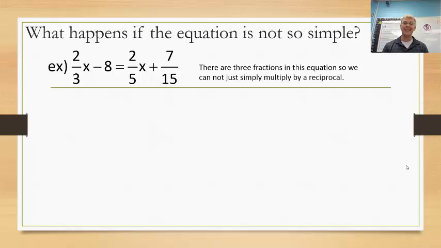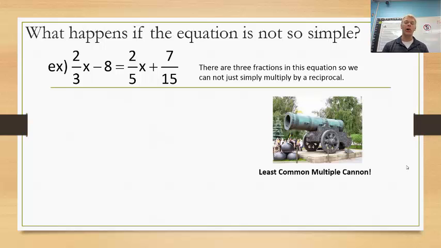And one of the constants is a fraction as well, 7/15. We can't just multiply each side of the equation by a fraction and have x be able to be alone. We're going to have to come up with a way that we can deal with all of these fractions. And there is a good way to do that.